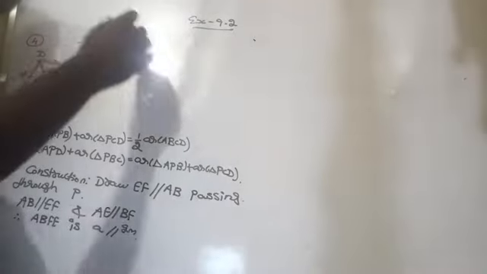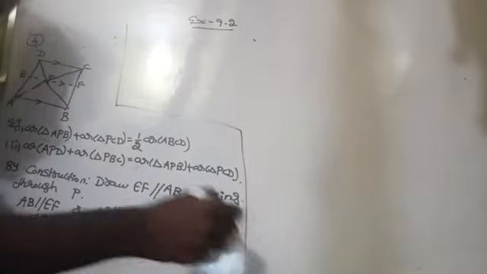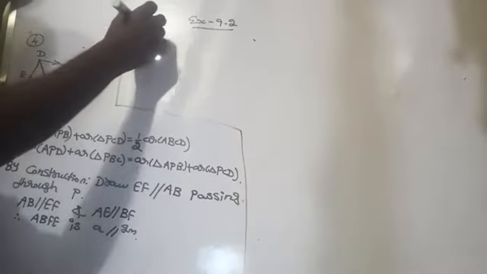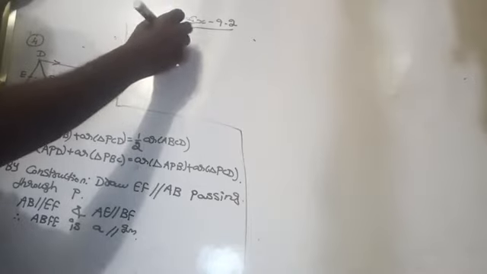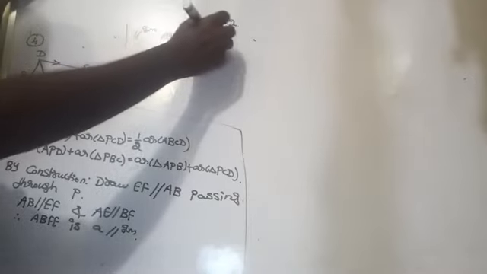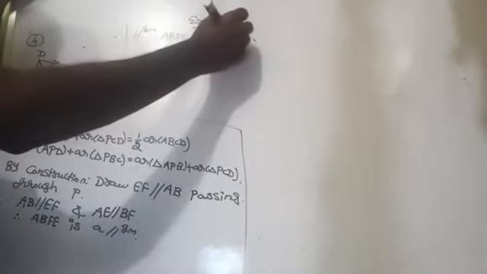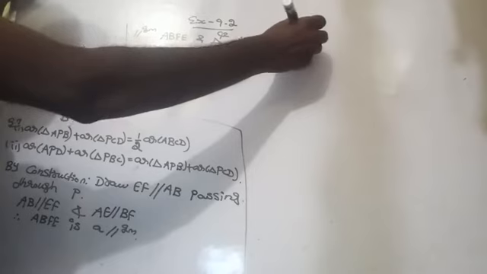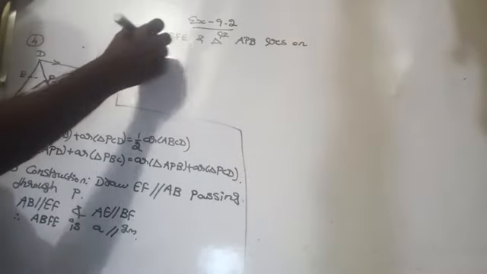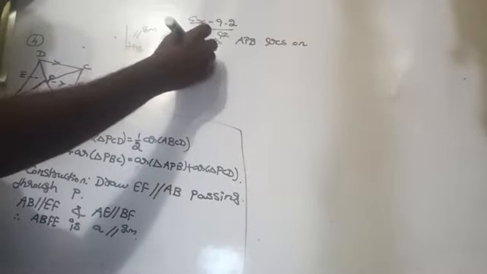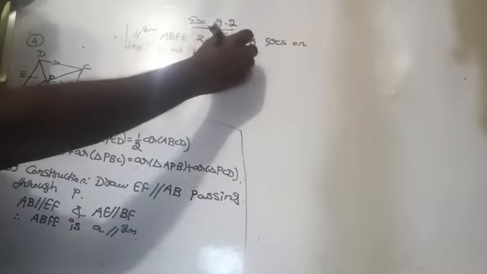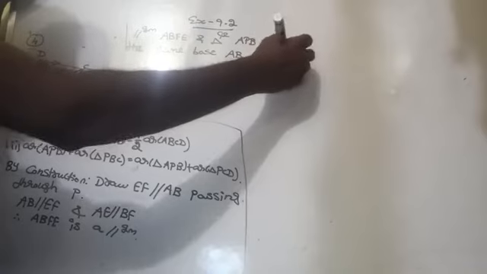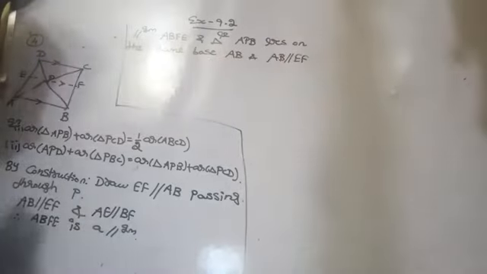Now, what can we conclude? Yes, parallelogram ABFE and triangle APB lie on the same base AB, and AB is parallel to EF.